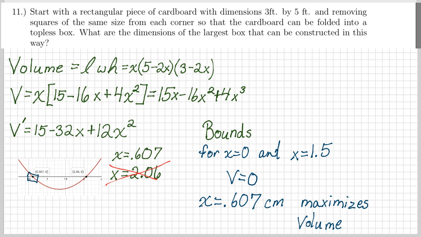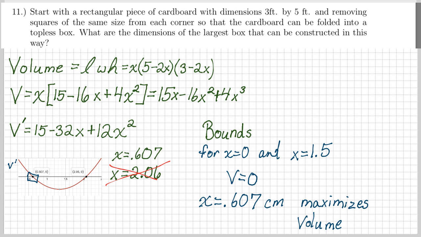And looking at the graph of the derivative, we see that the derivative is positive, so the function is increasing. So this is a graph of V prime. The graph is increasing until it gets to 0.607. And then once it hits 0.607, the derivative becomes negative, so the volume will start decreasing.